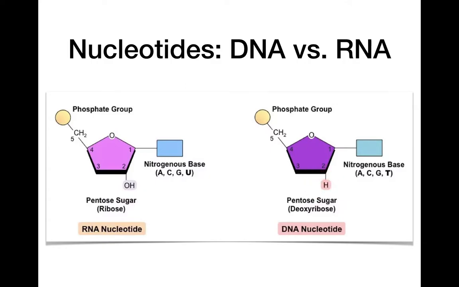Also, we're noticing that we have different bases here, so uracil here in RNA, but thymine in DNA. This is how the IBO wants you to draw DNA, with circles for phosphates, pentagons for the sugars, and rectangles for the bases. So good diagram to have in your notes, guys.